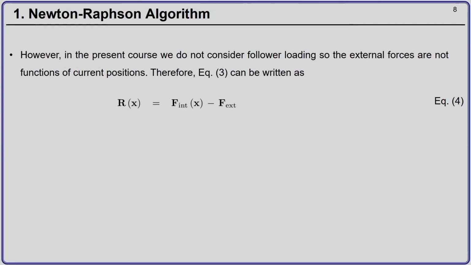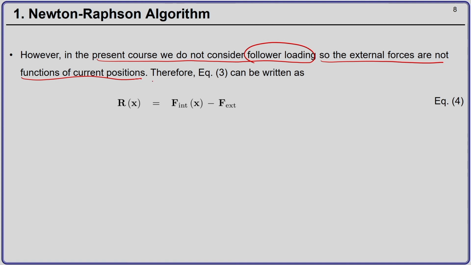However, in the present course, we have not considered any follower loads or any deformation dependent loads. Or no pressure loading, no follower loads. So, our external forces are not functions of current positions.